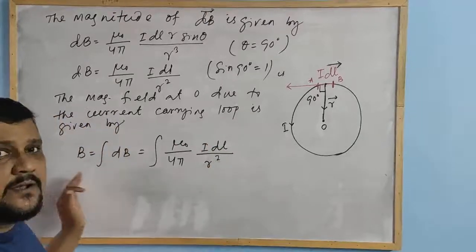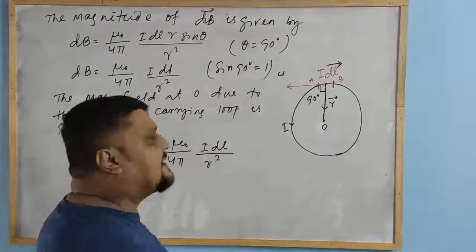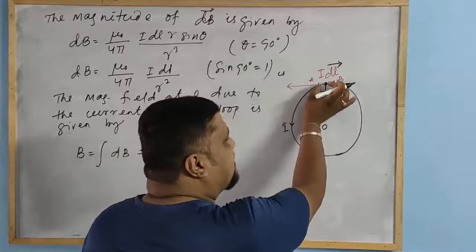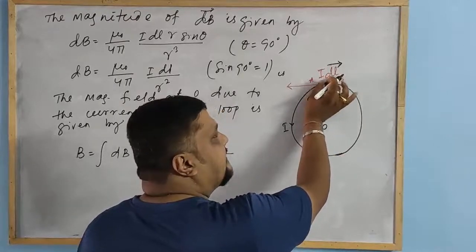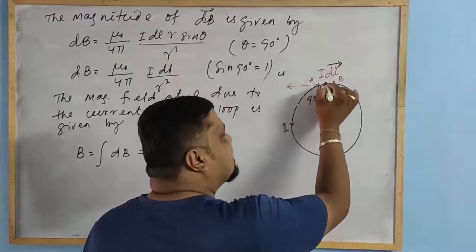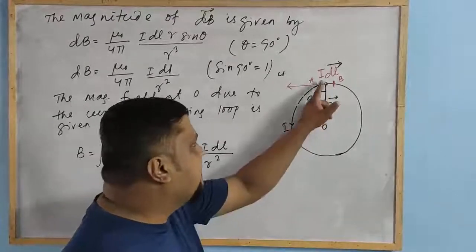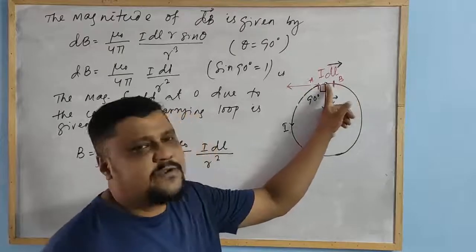But remember, we will consider the limit here. What is the limit? Let the dl start from here. As you know, this dl is very small, so let's consider it a point, a small element. So the dl starts from here, initially let this be 0. From here, this dl goes on increasing like this and reaches the same point again.